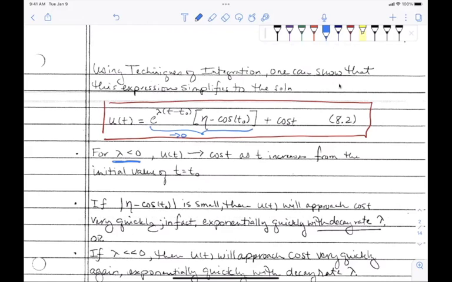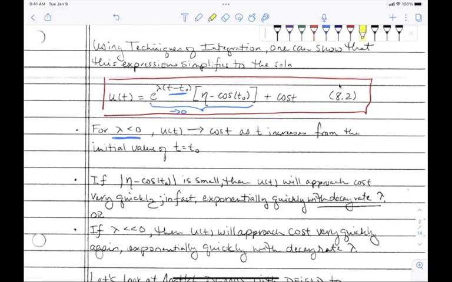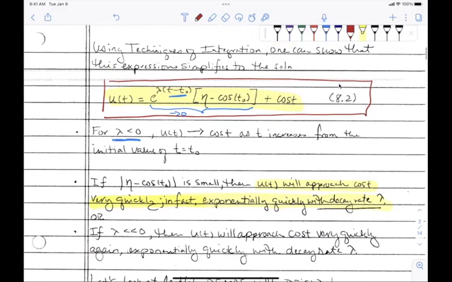It's short-lived, so that term is going to be made small the further that t moves away from t0. What this means is that overall, this entire solution u of t is going to approach cosine t very quickly, actually exponentially quickly with decay rate lambda. We say that this term vanishes very quickly so that only u of t equals cosine t is left over.